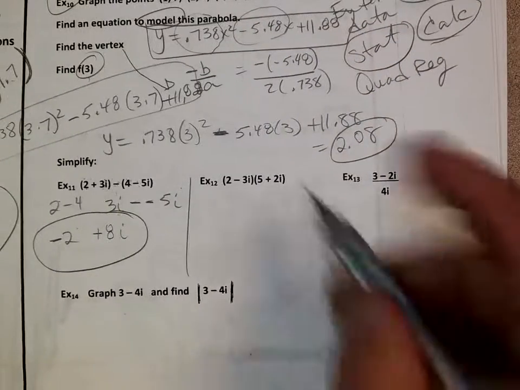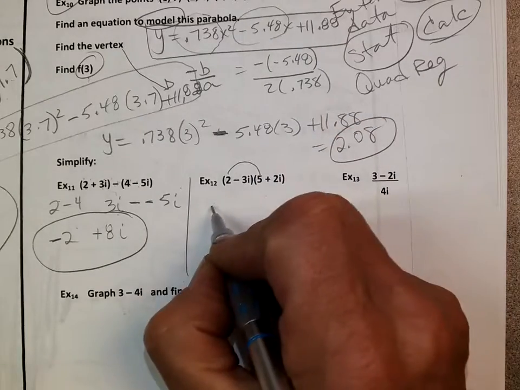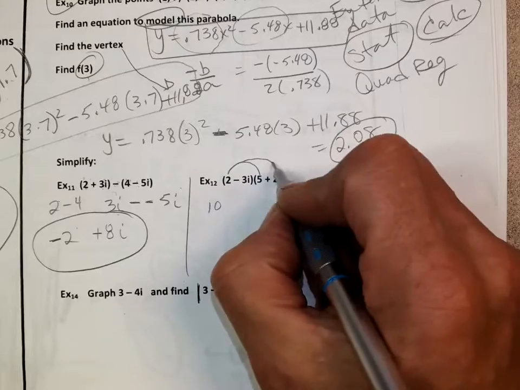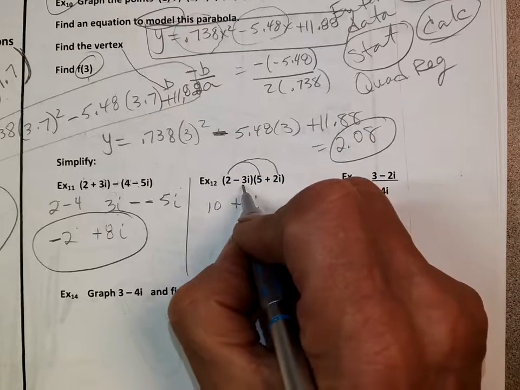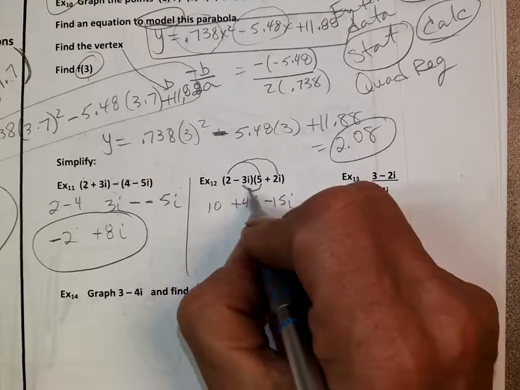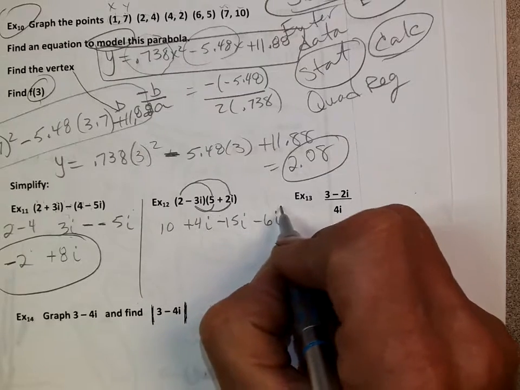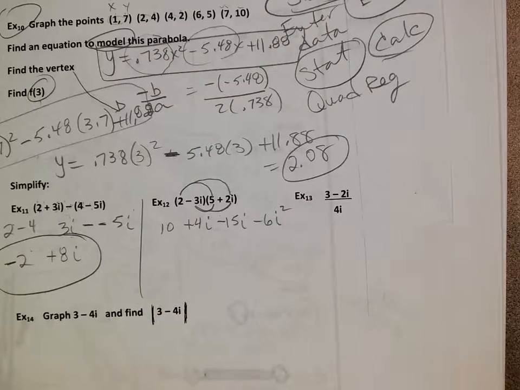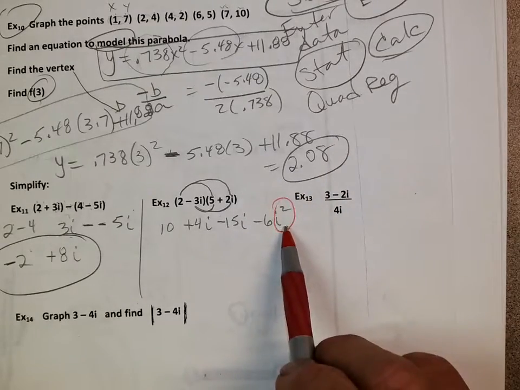So, here we go. This times this, I'll give this to you, Caitlin, when I'm done, is 10. This times this, positive 4i. This times this, negative 15i. And this times this, negative 6i squared. So I just FOILed it. I'm going to turn my i squared into a negative 1.